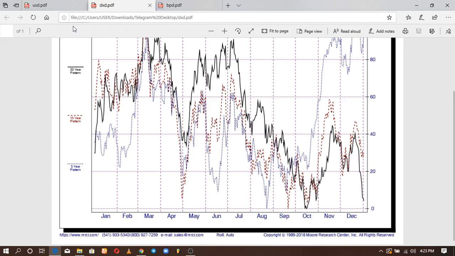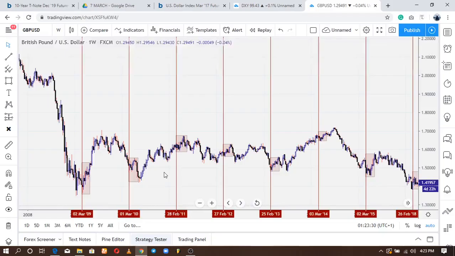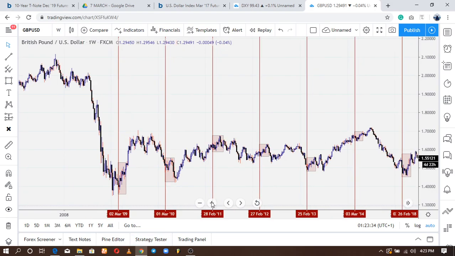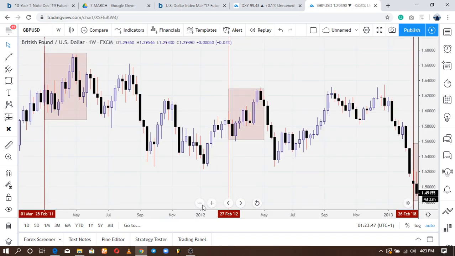So what I want to do is go to our chart to see if that actually all correlates. I went back all the way to '09, which is 2009. Let's see what price did around that period.